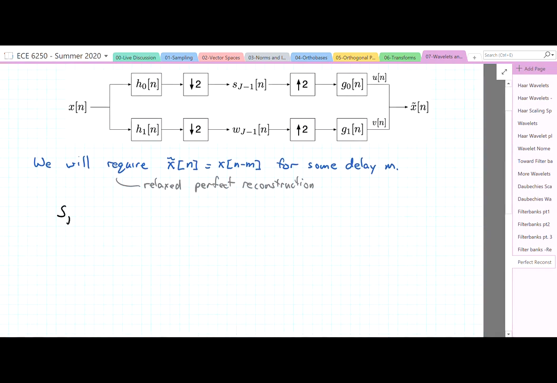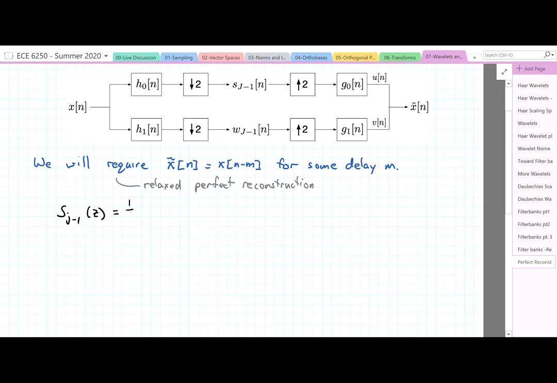And so we have S j minus 1, the scaling function coefficients, and their Z transform is S j minus 1 of z.